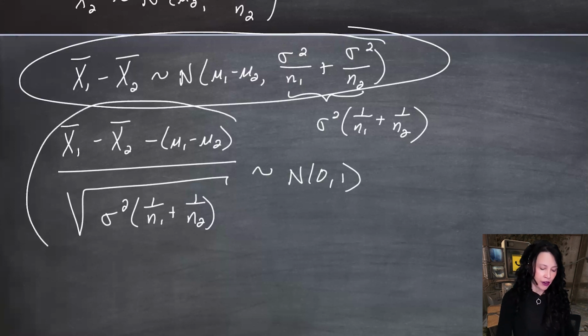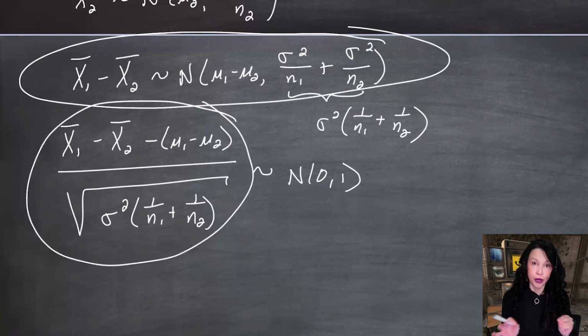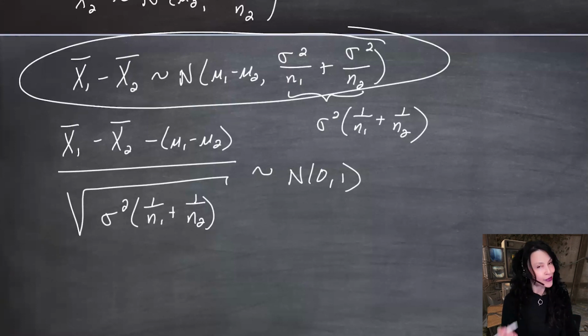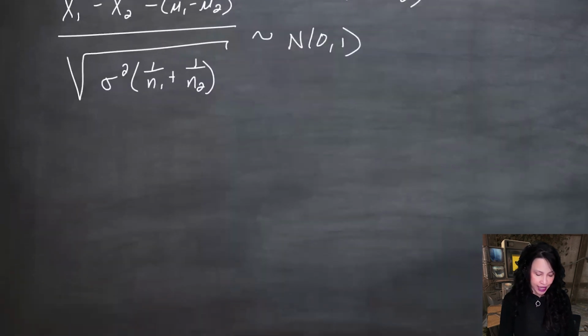But this can't be our pivotal quantity that we put between two critical values to make a confidence interval, because then if we solve down for mu1 minus mu2 in the middle, the endpoints of our confidence interval will involve the unknown sigma squared. So we're going to replace it with our pooled variance.